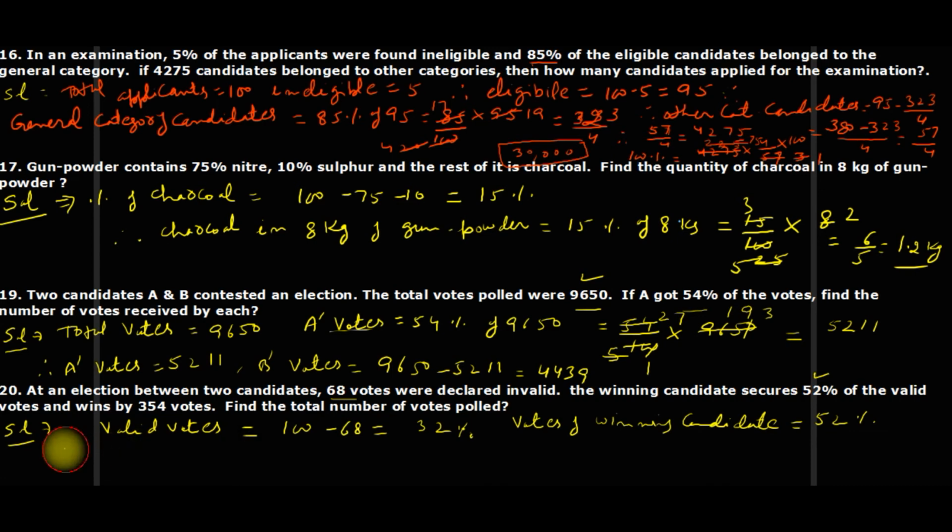Therefore votes of losing candidate would be 100 minus 52%, equal to 48%.